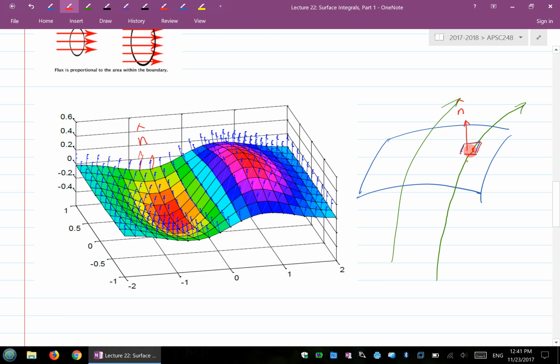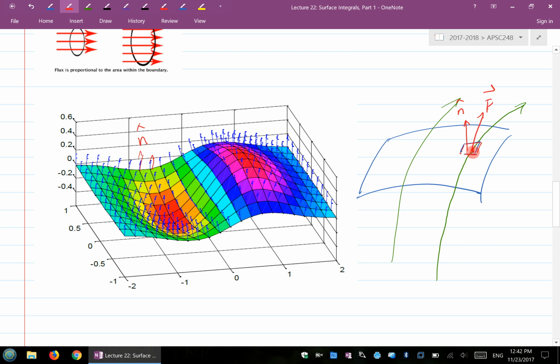So at this location, I can use an F vector to describe the flow of that quantity through this point. Now you see, at this point you have two pieces of information: one is the normal direction of the surface, and the other is the direction of the flow of the quantity.